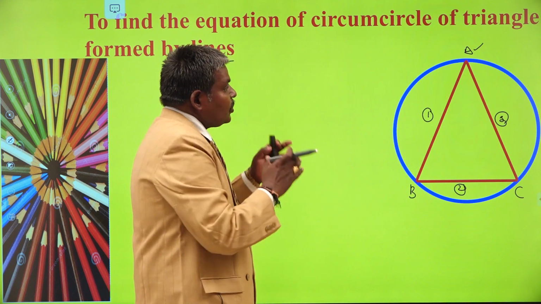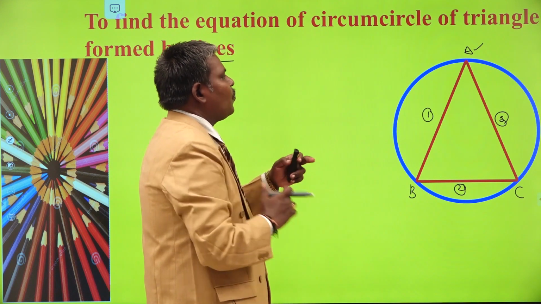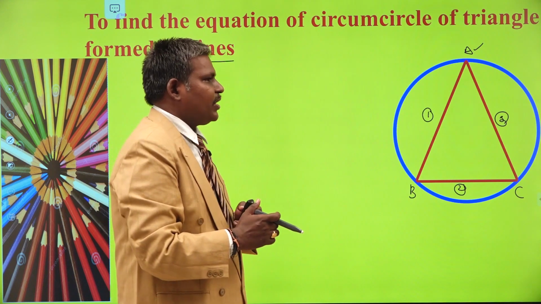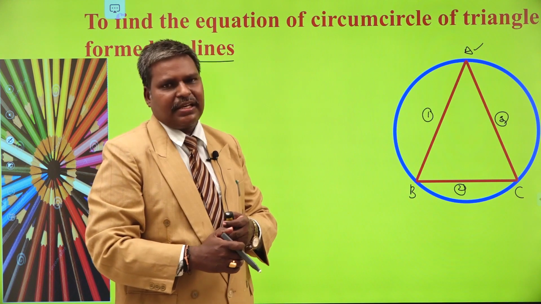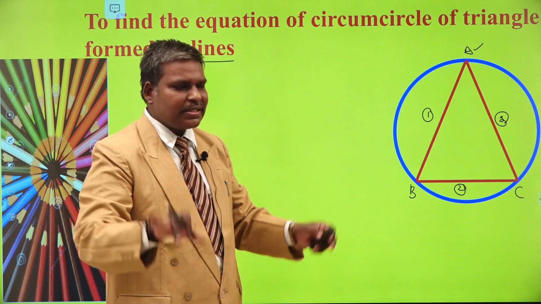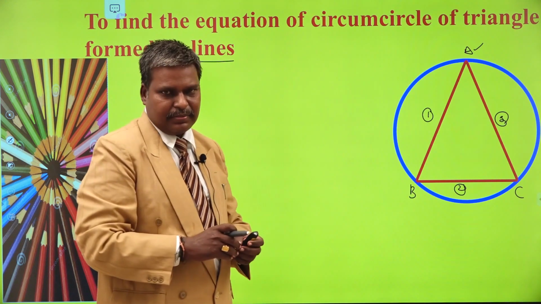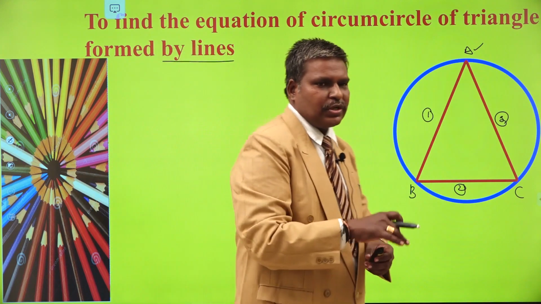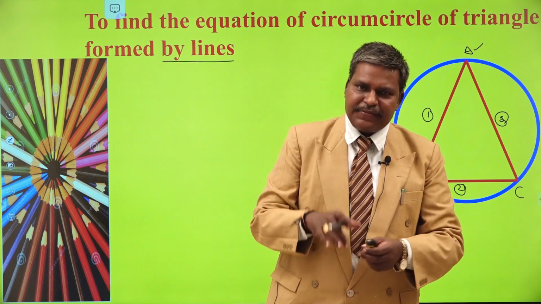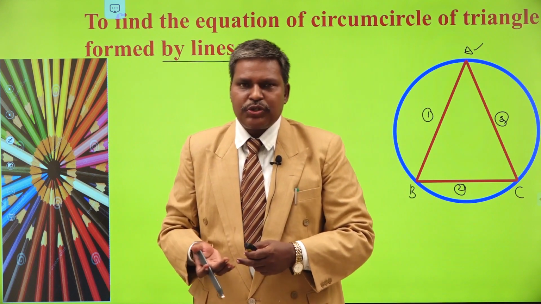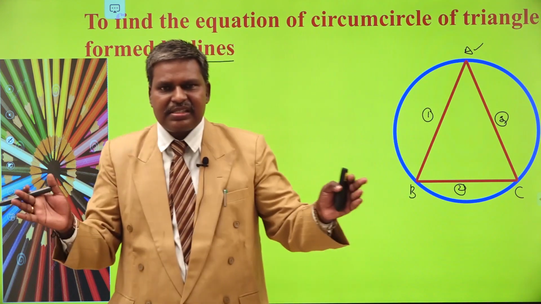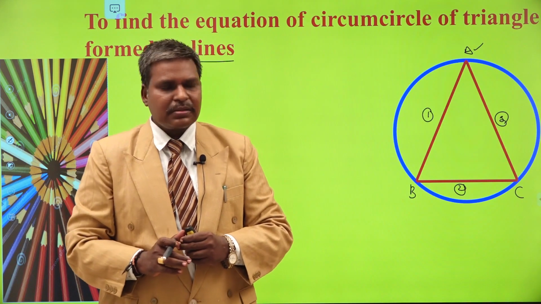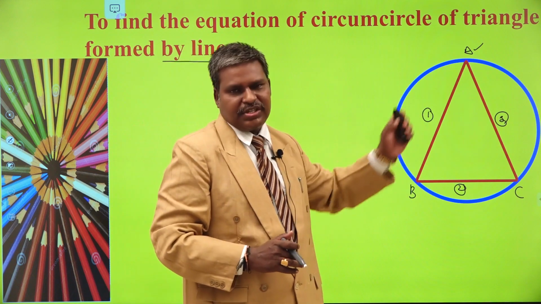That means here you have to find the vertices also. The vertices of the triangle you have to find by solving the lines. After getting the 3 points, we use the same method. Let S equal to 0 be the required equation of the circle. Substitute the 3 points, get f, g, c. Everything is the same. To get the points, solve the equations.